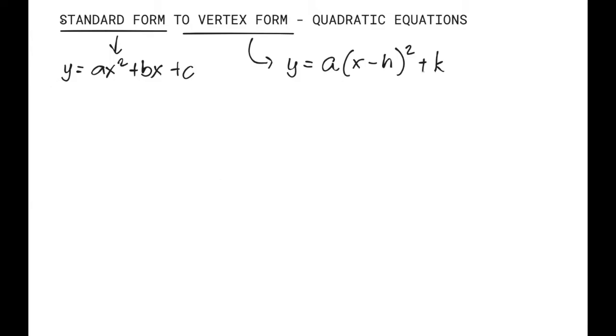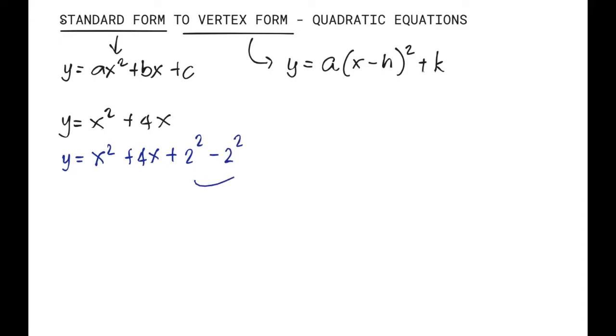Our next example is y equals x squared plus 4x. Again, we are going to take half of 4, and that is 2. We're going to add 2 squared, and then minus 2 squared.